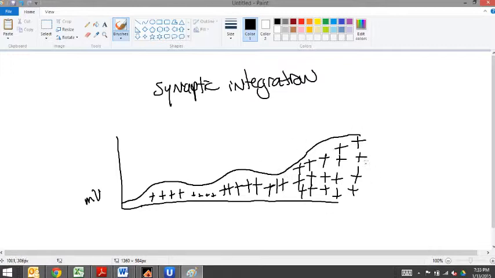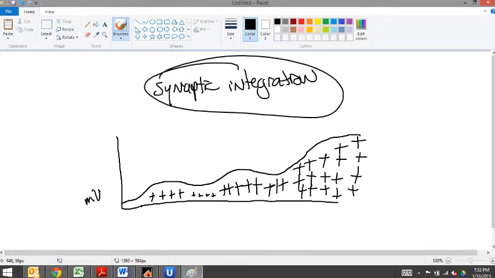The integration of all of these positive charges that causes this big increase, this graded potential, is synaptic integration. It is the integration of these different little positive increases in the membrane. Remember, those positive increases are called excitatory postsynaptic potentials. So synaptic integration is very simply the adding together of multiple excitatory postsynaptic potentials to the effect that you have an increase in the graded potential here.